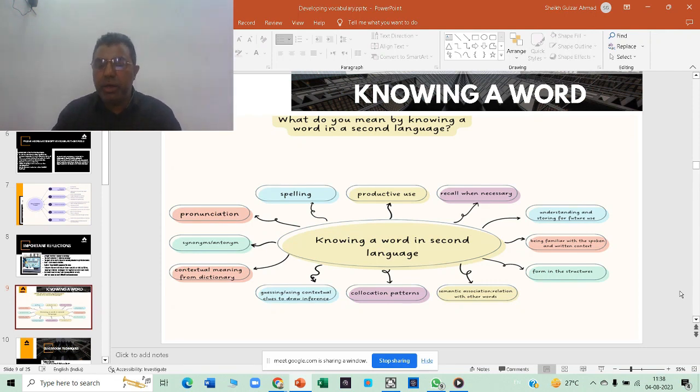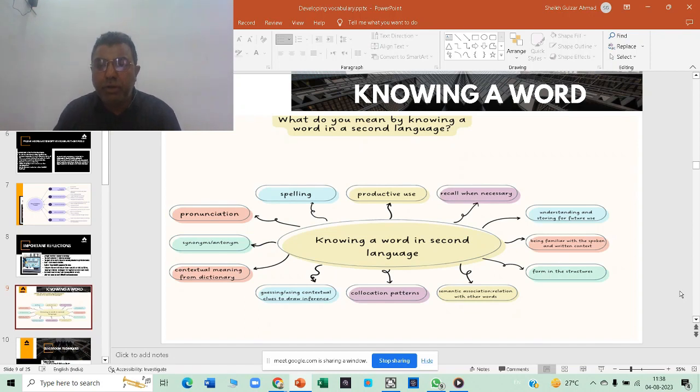If you know a word, you are familiar with the spoken and written context कि किस context में किस meaning shade of meaning के साथ मैं इसको use कर सकता हूँ. If you know a word, you should know the structure of the word, in other words, the grammatical form of the word. If you are quite aware about all the grammatical manifestations of a particular word, that means you know that word.